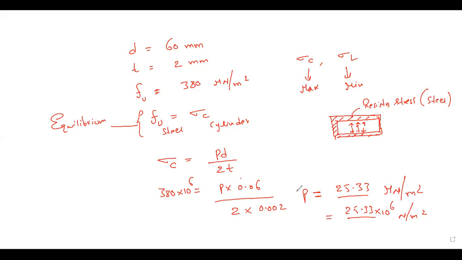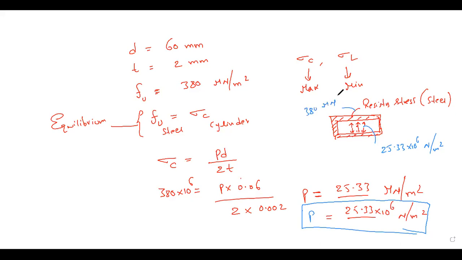So what does it mean? See, solving problems is very simple just by knowing the formulas, but you have to understand what this pressure is indicating. Why did we calculate this pressure? This says that the pressure inside the cylinder of 25.33 into 10 power 6 Newton per meter square is creating a stress on the cylinder of 380 meganewton per meter square.